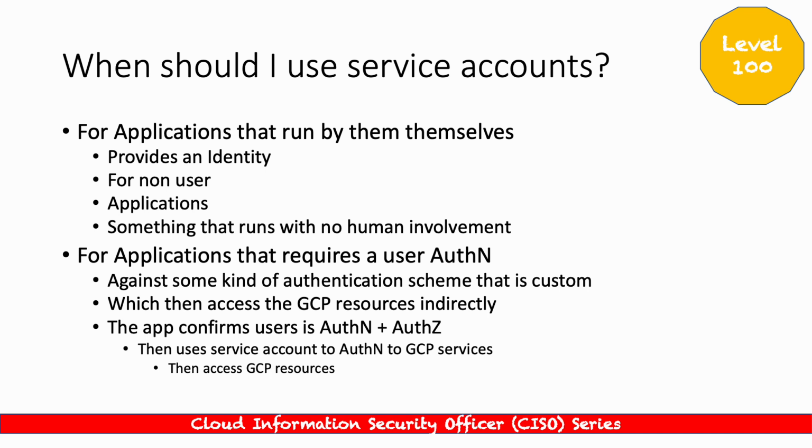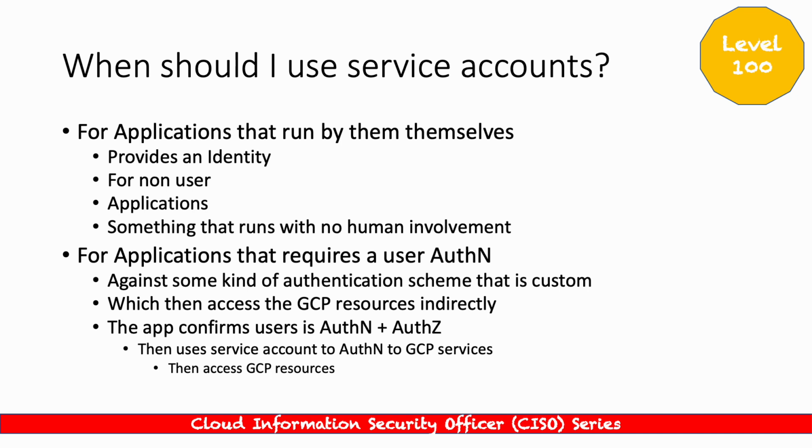Now, a different scenario is for applications that require user authentication. And notice I use the word auth-n, which is an abbreviated way of writing authentication. I use that quite a lot in the slides and in general in my course deck. So what I mean by the second bullet point is some kind of authentication scheme that may possibly be custom.